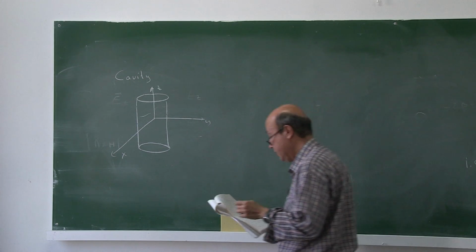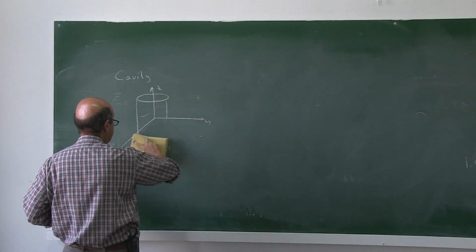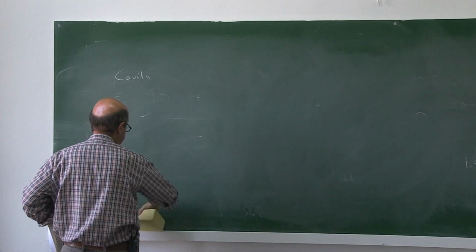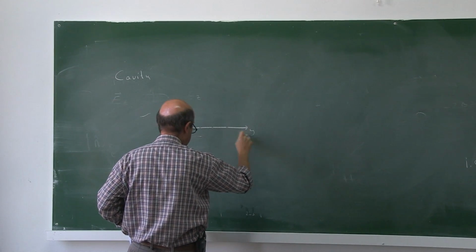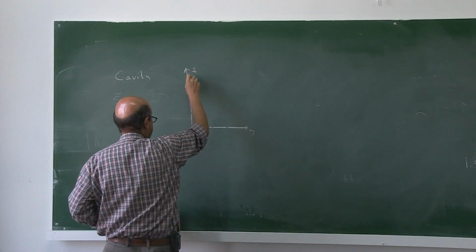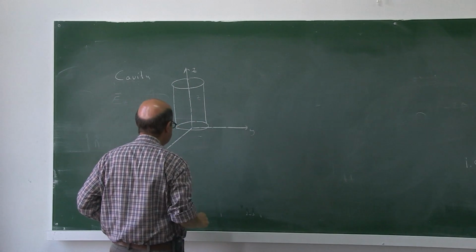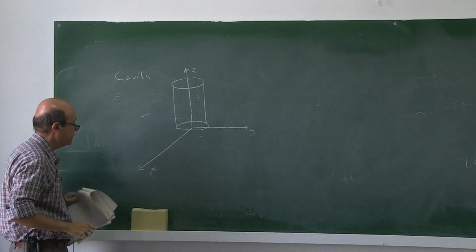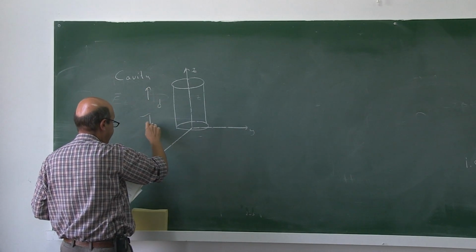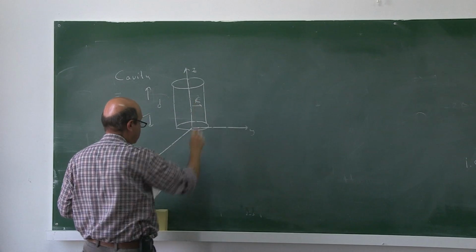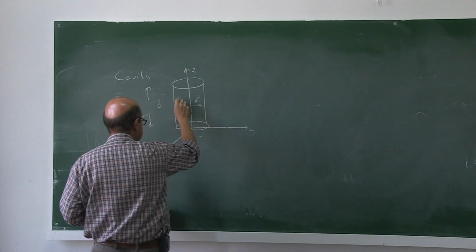So what will be changed? Let me put this cylindrical cavity at the origin, and let's say that d is the height, r is the radius, and the material in the cavity is mu, epsilon.